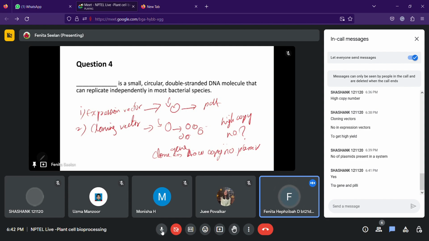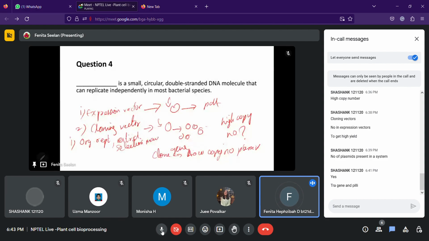In case you want to design some vector, keep in mind the different things which should be present in your vector: the origin of replication is important, restriction sites are important, the selection marker is important, which will aid your selection of your transformed organism or cells.